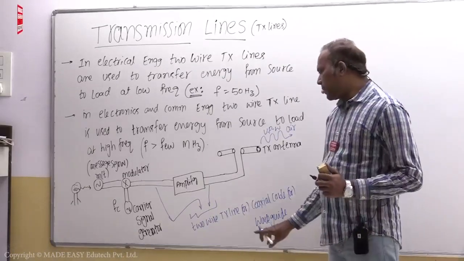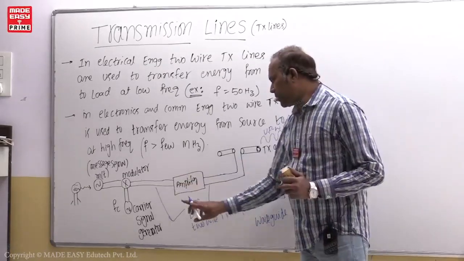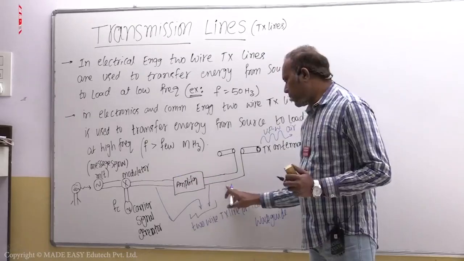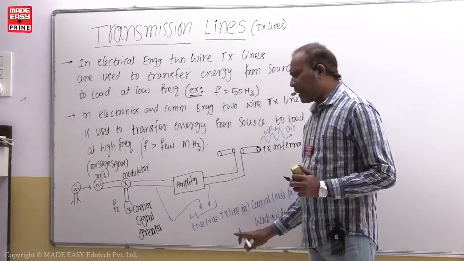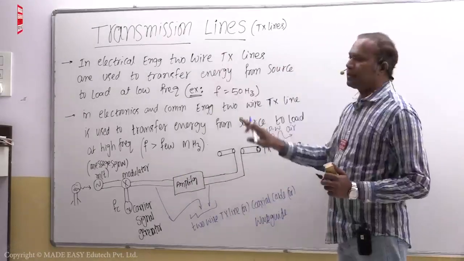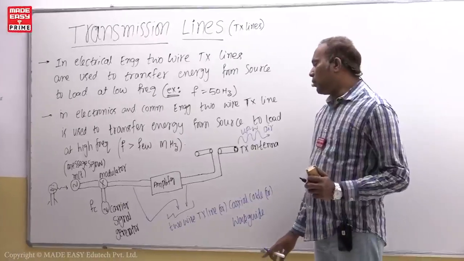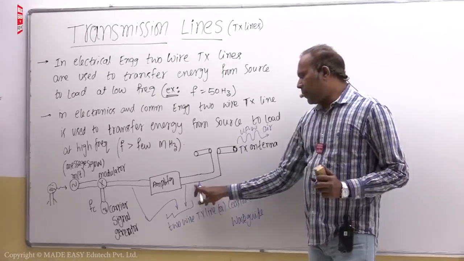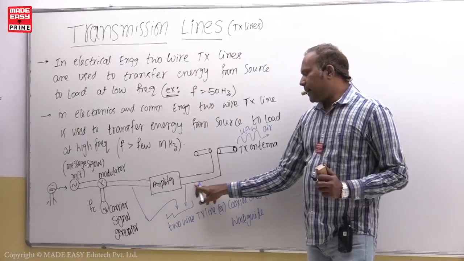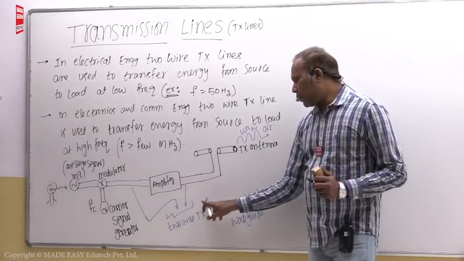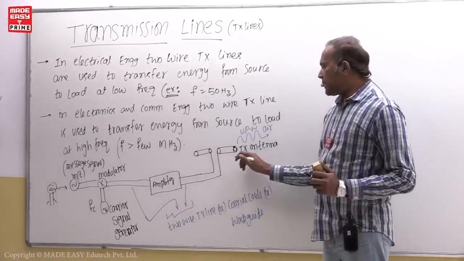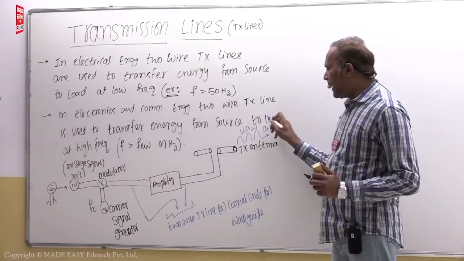Now at low frequencies, this high frequency signal is transmitted through the two-wire transmission line. That is this chapter. That is why I told you, whatever signal, for example the radio Mirchi signal, is transferred through the two-wire transmission line, the same signal is radiated into the air.